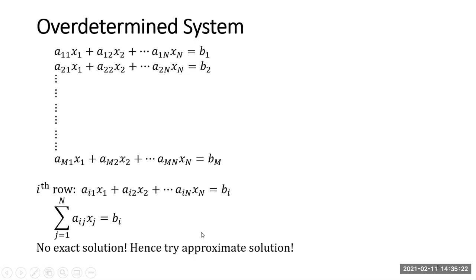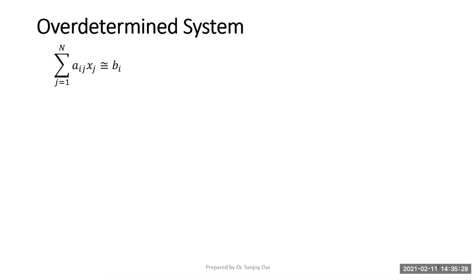Like I said, we don't have any exact solution, so we should try an approximate solution. We should aim to find these x's such that summation over j equals 1 through n of Aij xj is approximately equal to bi, and this is the ith row. And we should be able to achieve this for all the rows. So Ax approximately equal to b is what we want.